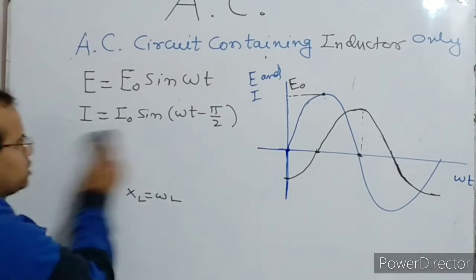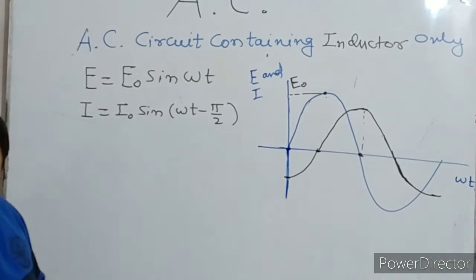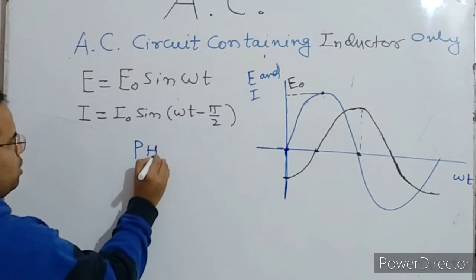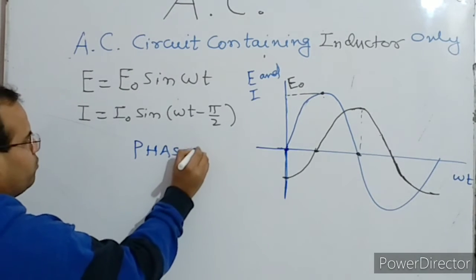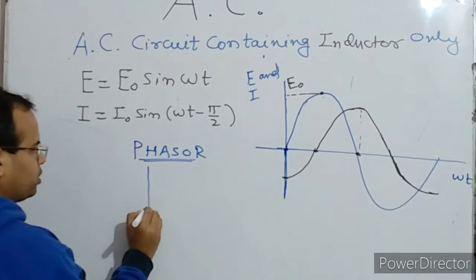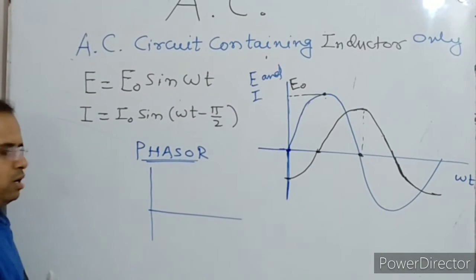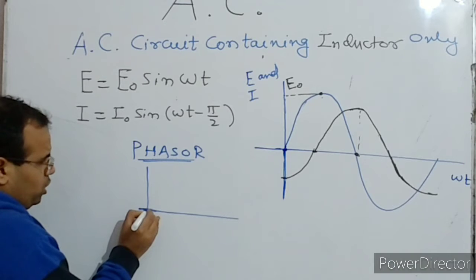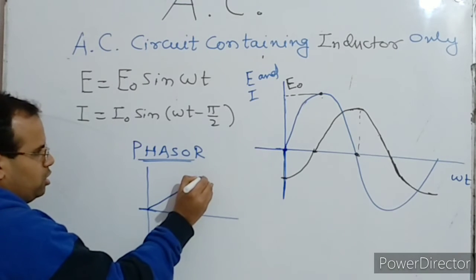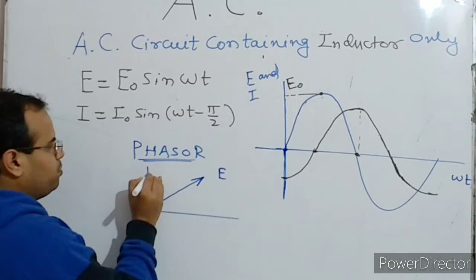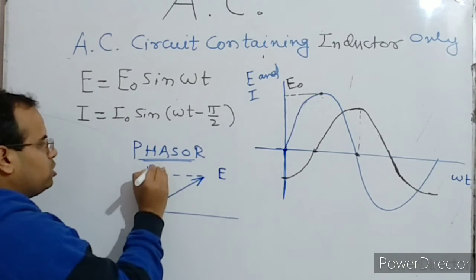Now let us plot the phasor diagram for this. As I told you, in a phasor diagram a straight line gives us the idea about the phasor of that particular variable. So this is the EMF, and this is E, and this is the peak value of EMF, that is E naught.